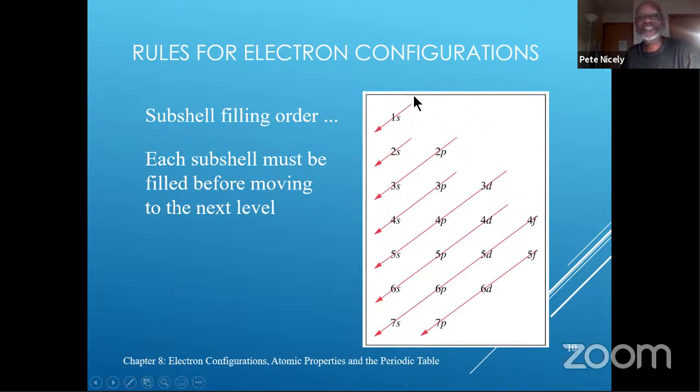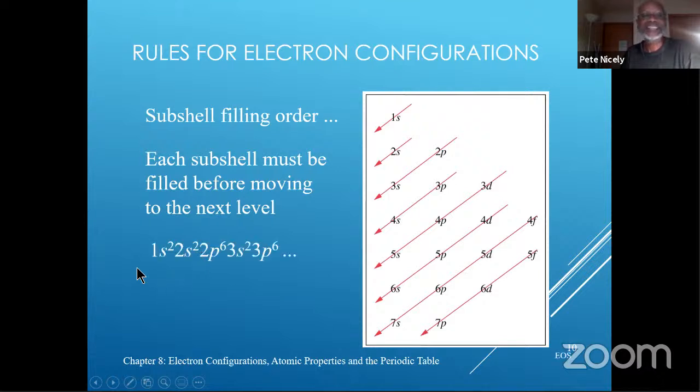So the first lowest energy subshell would be the 1s, then the 2s, then the 2p, 3s, then the 3p, 4s, then the 3d, 4p, 5s, then 4d, 5p, 6s, and so on and so forth. So this is what you're going to use to help you determine the order of the orbitals within an atom. And that will be important as well when it comes to determining the electron configuration of an atom.